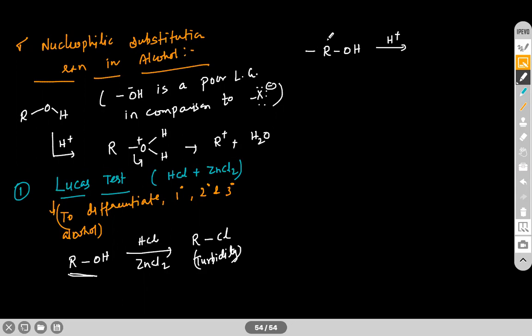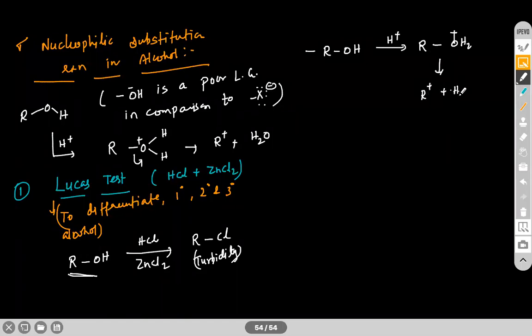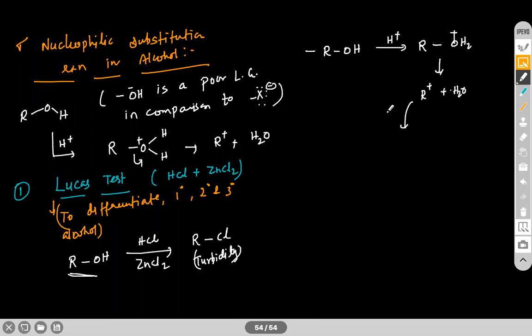So this will protonate the hydroxy group and convert it into ROH2 plus, which further converts into R plus and H2O, and this R plus further reacts with Cl minus ion, forms RCl. And how this H plus forms here, that also you can understand.